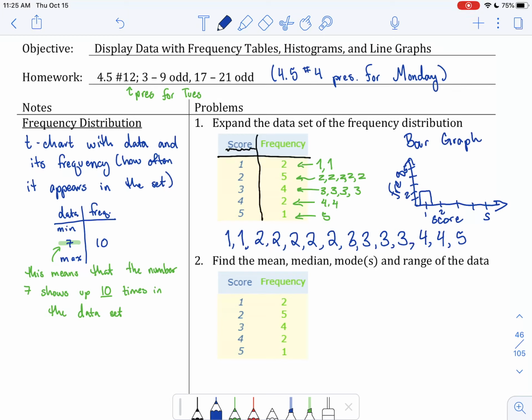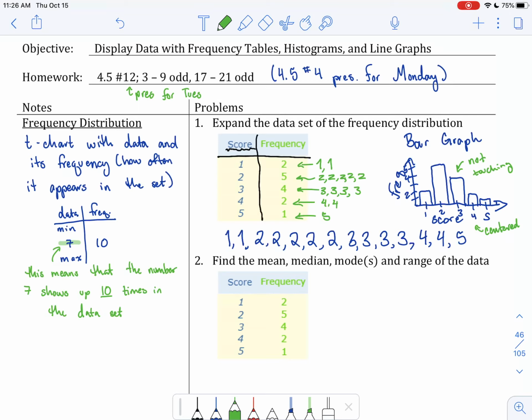For 2, that has a frequency of 5, so it will have the same height here, 5. 3 has a frequency of 4, so that tells us the height. 4 has a frequency of 2, and then there's 1, 5. So this would be a bar graph. Important things to note: they are not touching, and this will be important for our next lesson, and you'll also notice that they are centered above the number. All right?